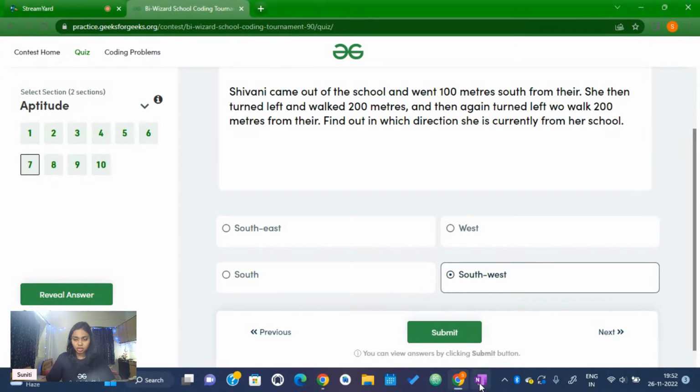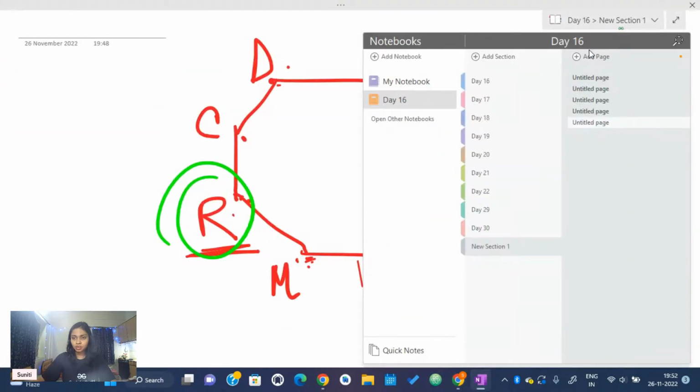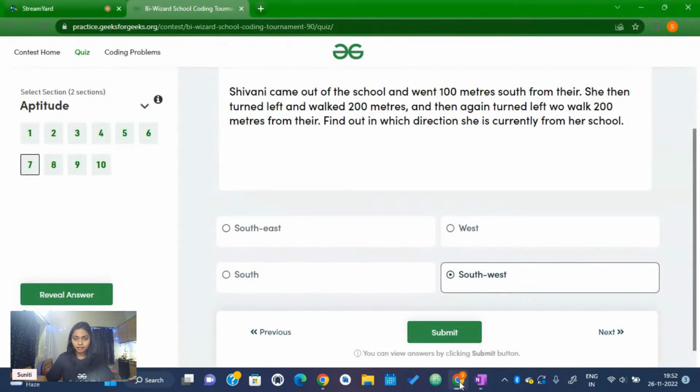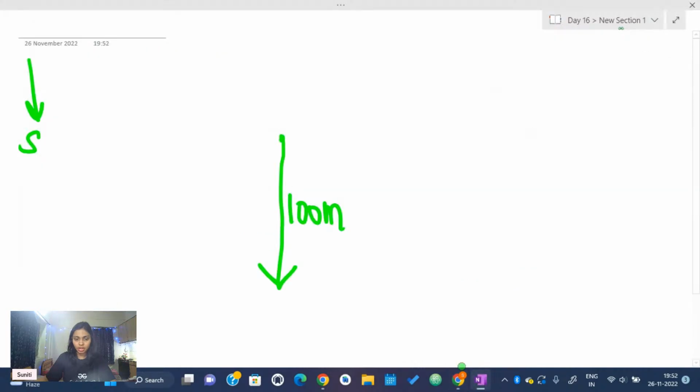Initially she went 100 meters south. Here I am using this as south. So she went 100 meters south, and then she turned left and walked 200 meters. If she is walking like this, in the opposite direction she will turn left.